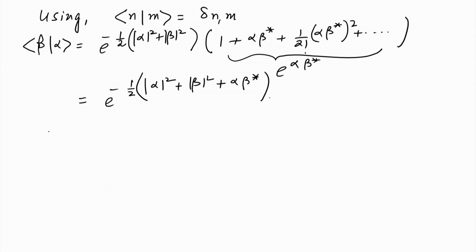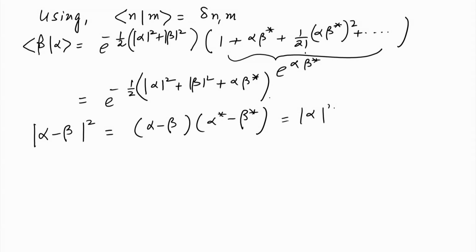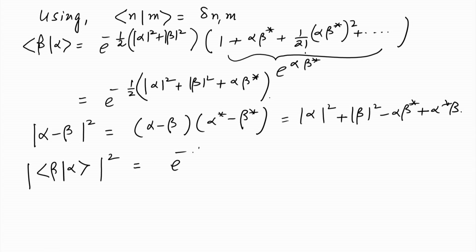Now, if you look at this alpha minus beta mod square, so that can be written as alpha minus beta and alpha star minus beta star. If you just open up, that is multiply term by term, it is alpha square plus beta square minus alpha beta star plus alpha star beta, and so beta alpha mod square is nothing but equal to exponential alpha minus beta square.